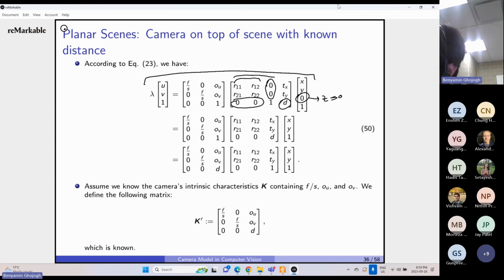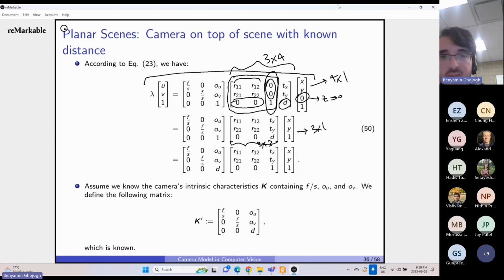This is exactly the rotation, do you remember, around the Z axis. Then as I have this column, and also this became 0, this times this cancel each other. So this 3x4 matrix can be simplified to 3x3. Also, this 4x1 vector becomes 3x1, right?